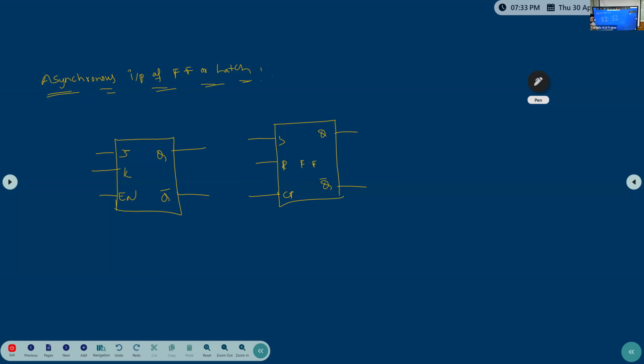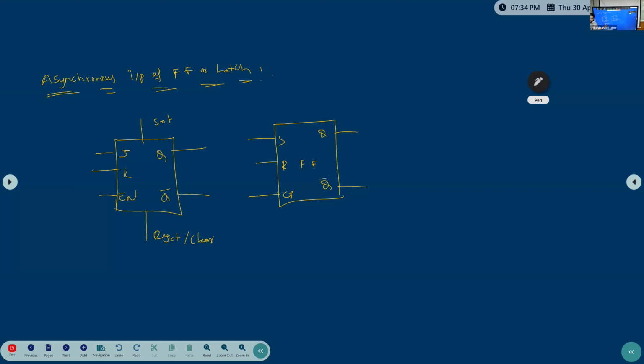You know only these are the inputs: J, K, enable, R, CP pin. But there are two other inputs also: one is set, one is reset or clear.